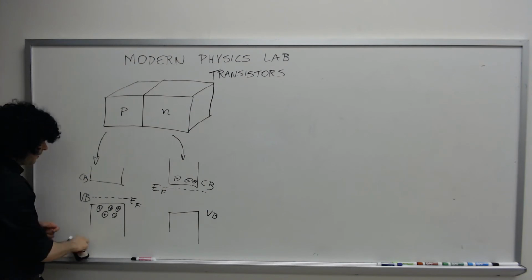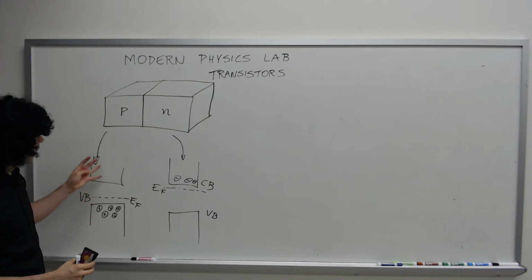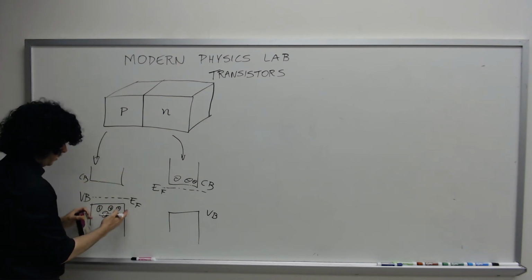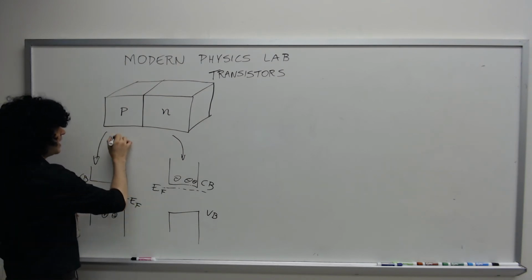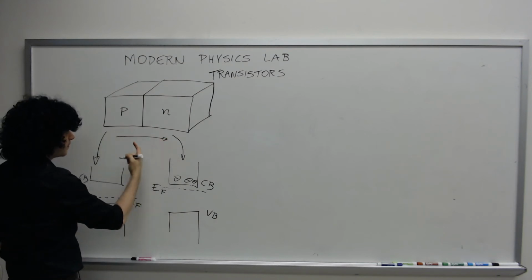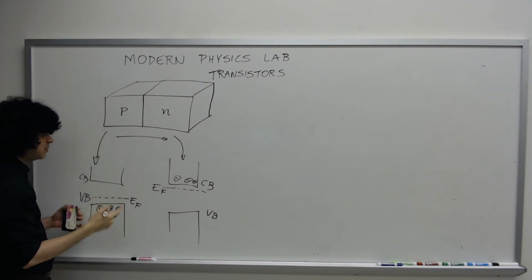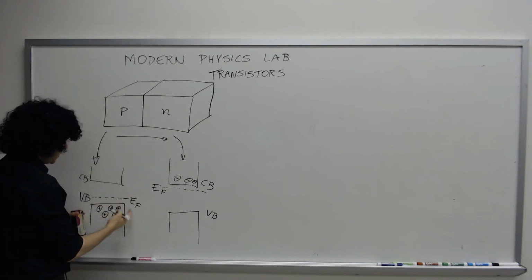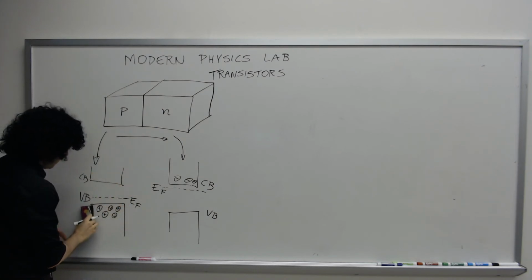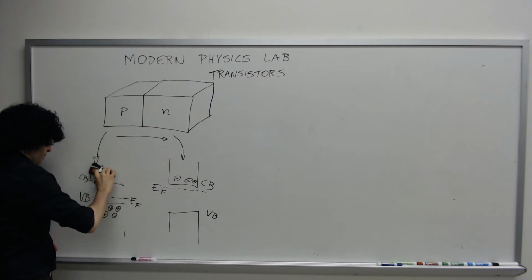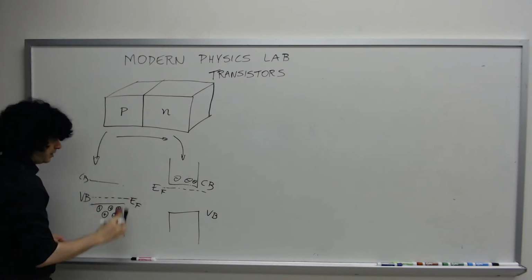For simplicity, from now on, I can draw the band structure in terms of space. So if I go from here to here in the device, I will represent this by this drawing here.